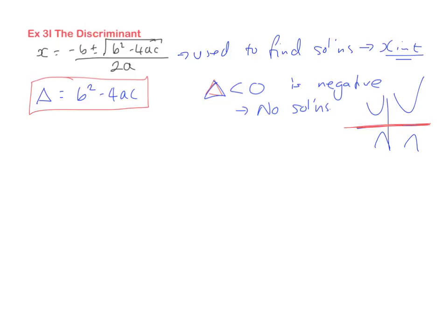Then we've got another situation where our discriminant might equal 0. If the discriminant equals 0, there is only one solution. So our graph will just touch it there, or it might just touch it there. That means there's only one solution.